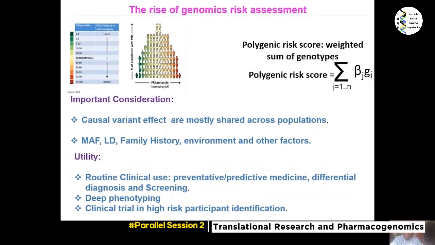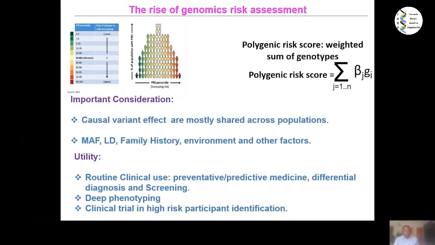If someone wants to do deep phenotyping, you can use PRS to do it, and also for clinical trials where you want participants with high risk. You can apply polygenic risk within a group of individuals, estimate polygenic risk, and rank individuals with a high potential risk for particular diseases. That is how PRS can be used.